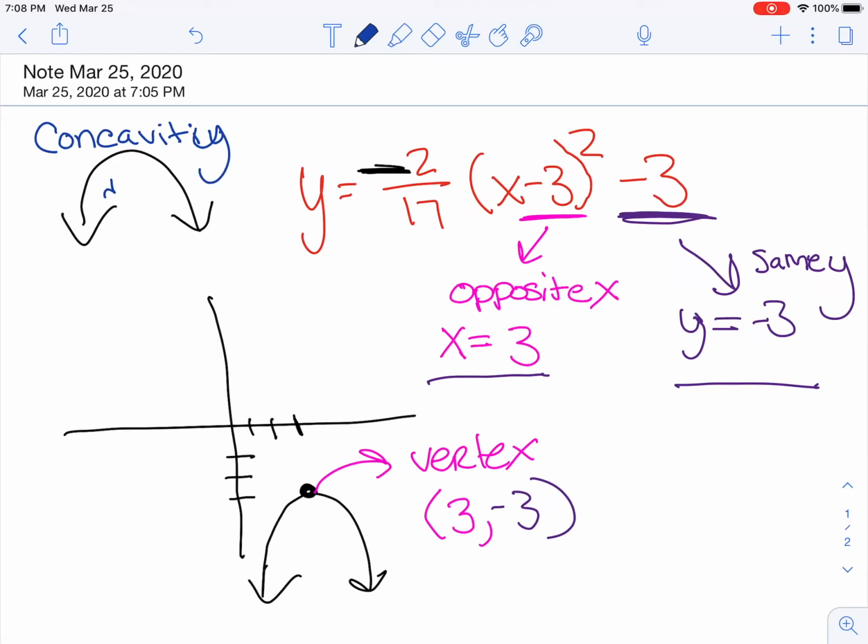Is it concave down and sad? Or is it concave up and happy? Okay, notice that the downwards kind of looks like the N of down, and the concave upwards kind of looks like the U of up.